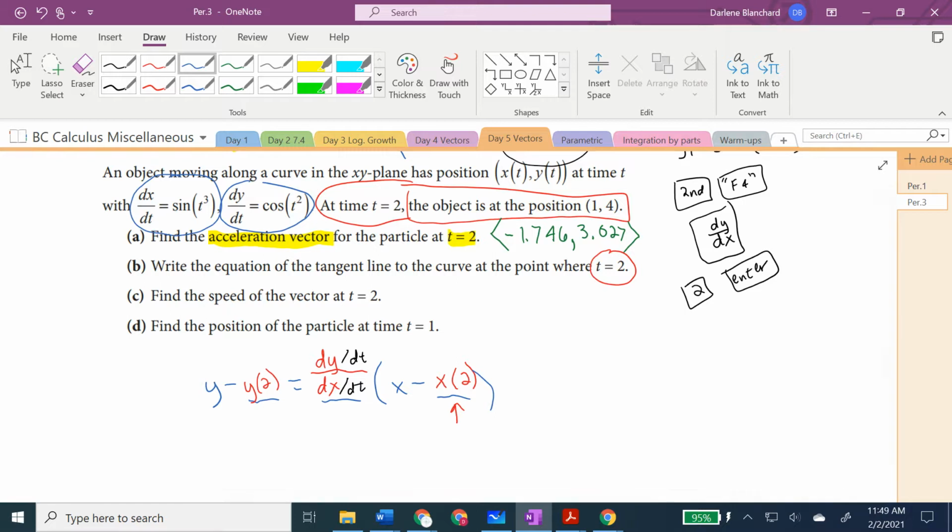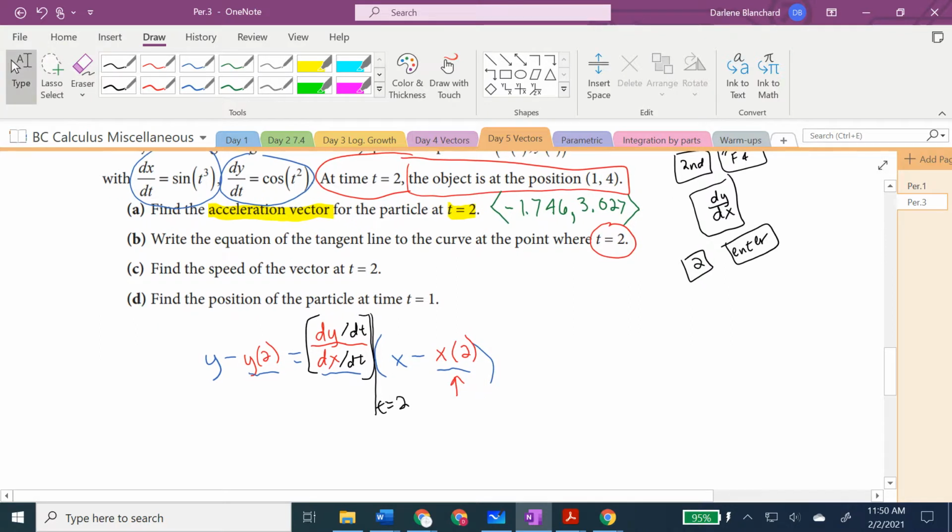You just need to find it when t is 2. So I'm going to put a line way down here to say plug in t equals 2. So the position is y coordinate 4, x coordinate 1, given right here.